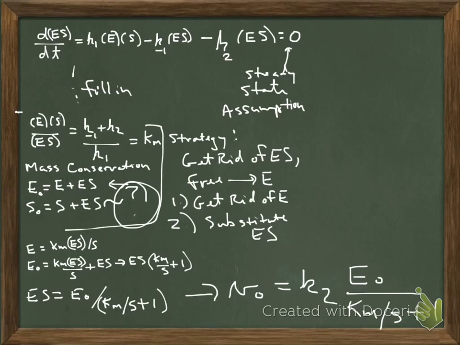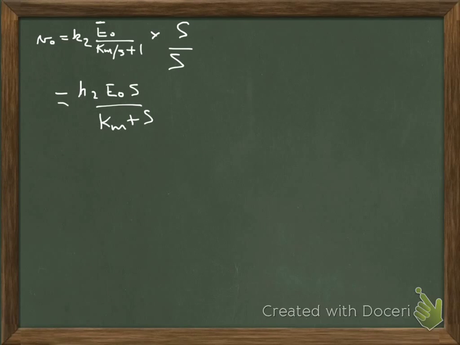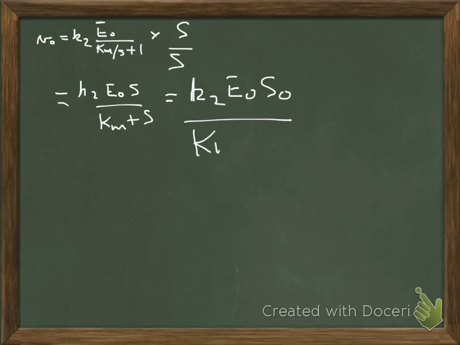Because there's not very much E, so you can't get very much ES. So S is approximately equal to S naught. So I can put that in here, because I definitely know the total substrate. Hopefully I do, because I set up the experiment. Like that.